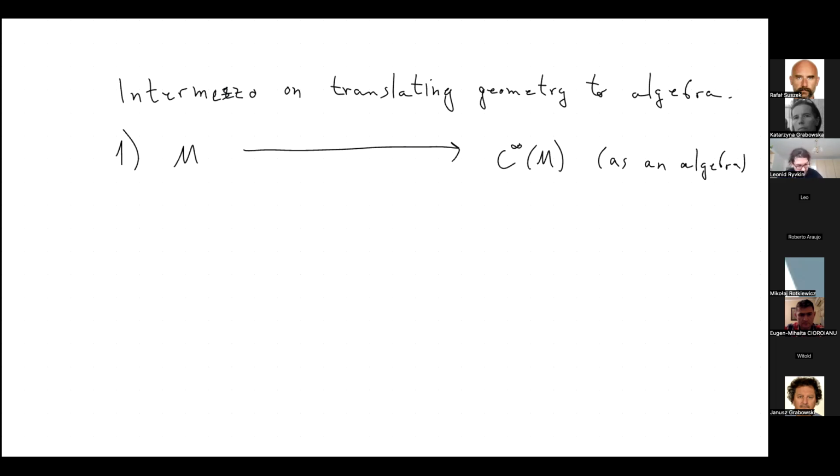So C infinity M knows everything about M. If you want to formalize it, it would be the statement that, for example, the functor from manifolds to commutative algebras over R, let's say, sending M to C infinity M is fully faithful.